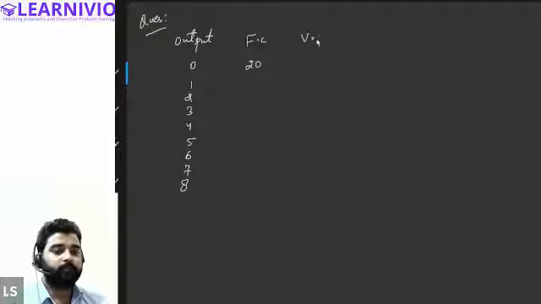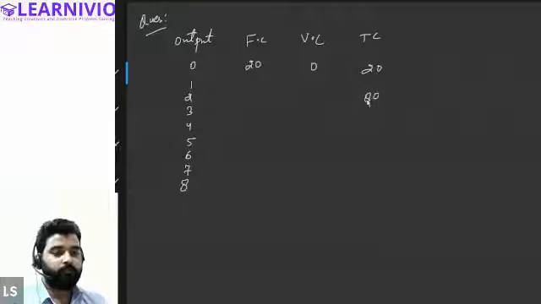Then variable cost is given. Variable cost is 0 and total cost is given this time. Total cost is 80. Oh no, it cannot be 80. No, it will be 20.